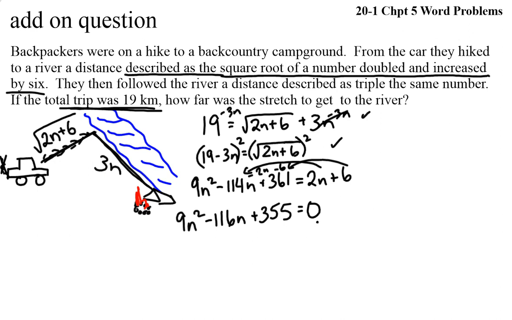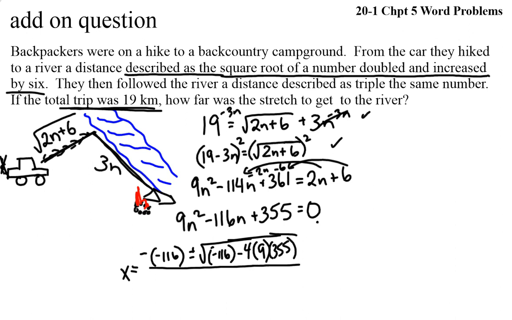I'll be honest with you, big numbers like that, that's going to be a lot of work if I try to factor it, I think. So I will go to the quadratic equation. What is x equal to? Negative b plus or minus the square root of b squared minus 4 times a times c all over 2 times a.